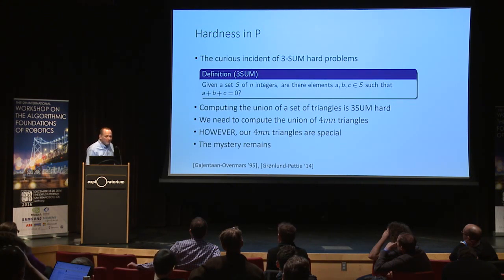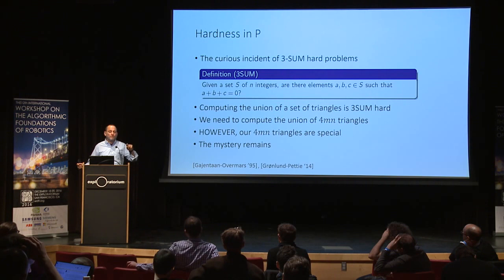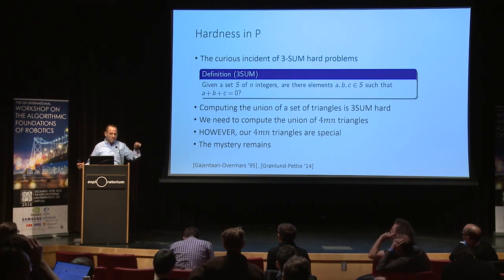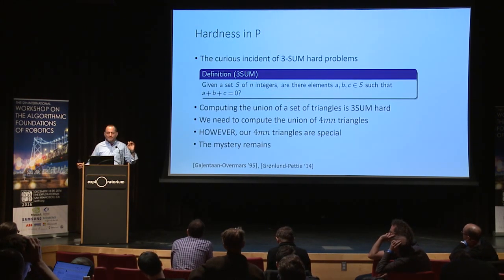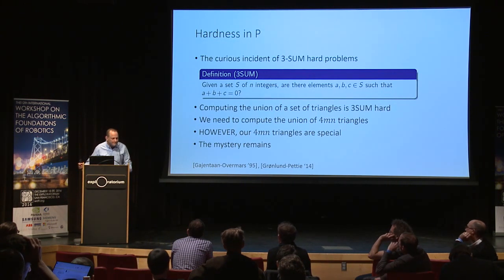It's n squared over log n, but it's a major breakthrough. This said, there is no similar result for the union of triangles. It's still harder, but we don't know that we can compute the union of triangles in n squared over log n time. The lower bound for the union of triangles remains n squared. Okay.